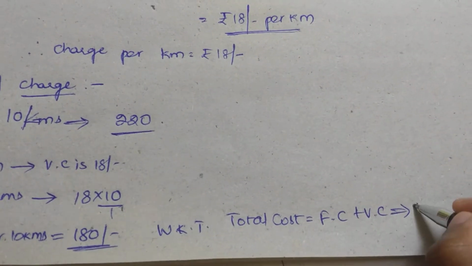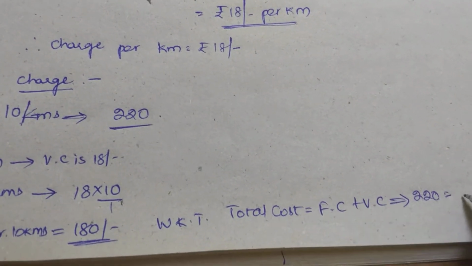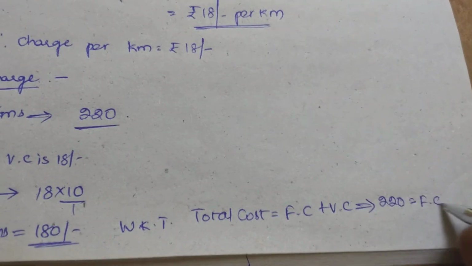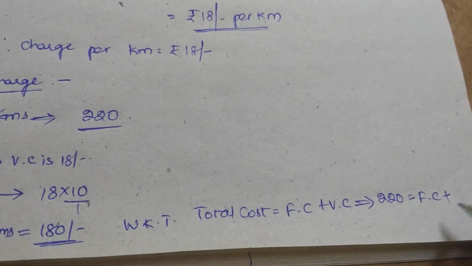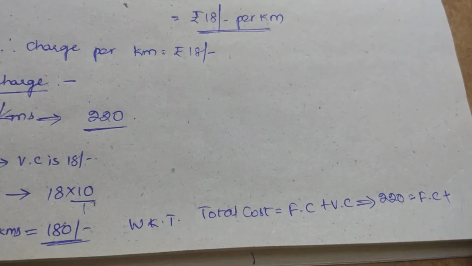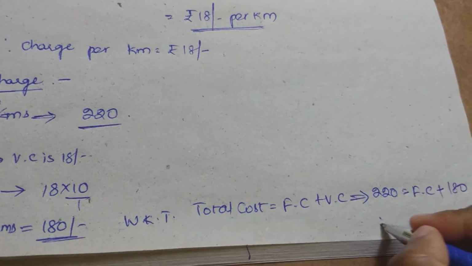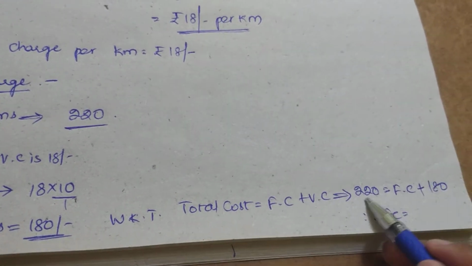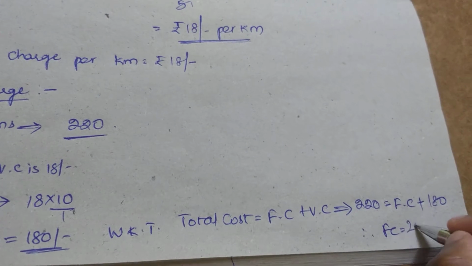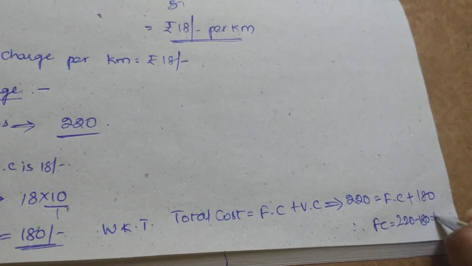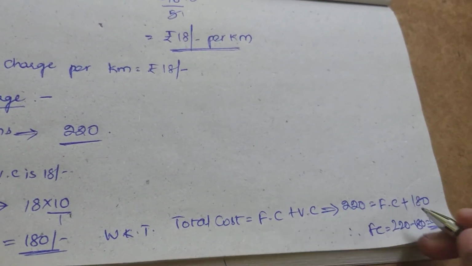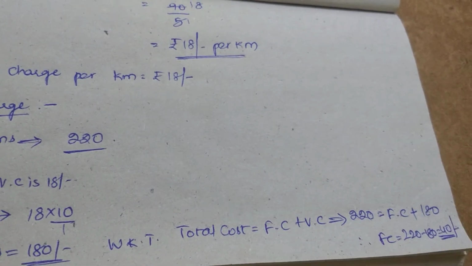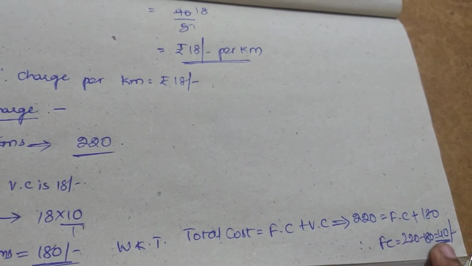So 220 equals fixed cost plus the variable cost, which is 180. Therefore fixed cost equals 220 minus 180, which equals 40 rupees. So fixed cost equals 40 rupees.